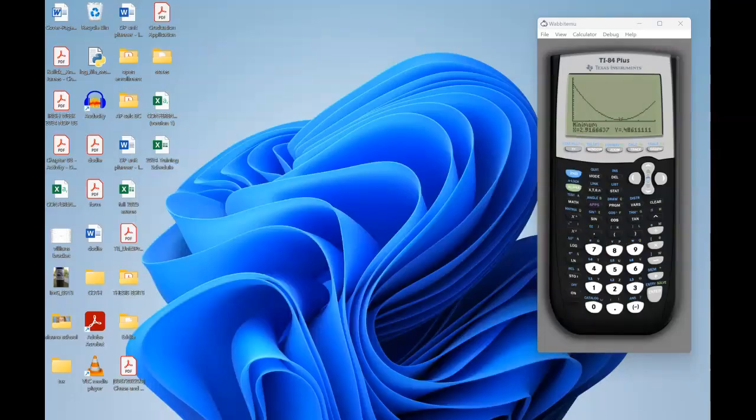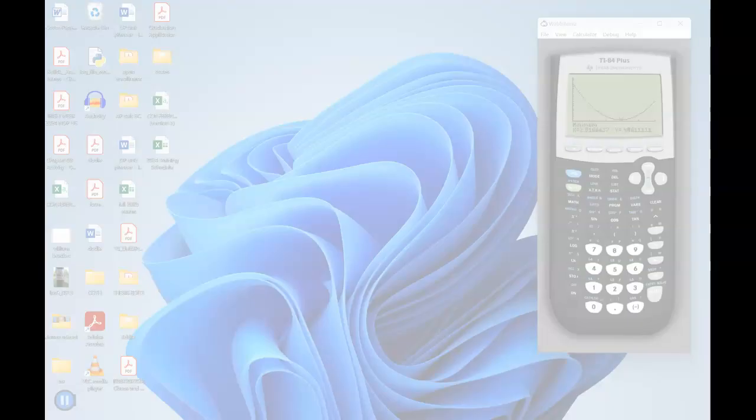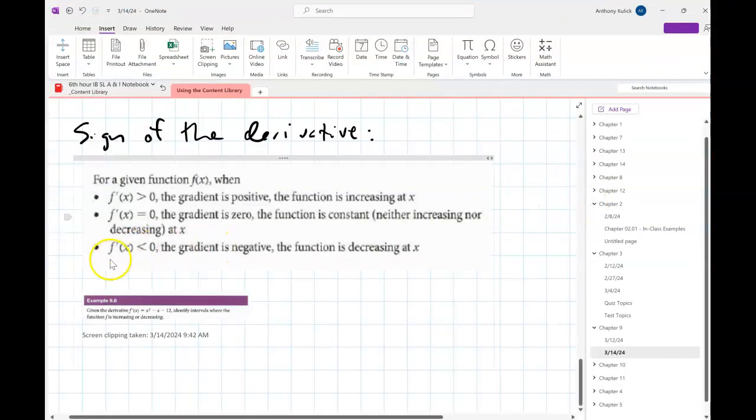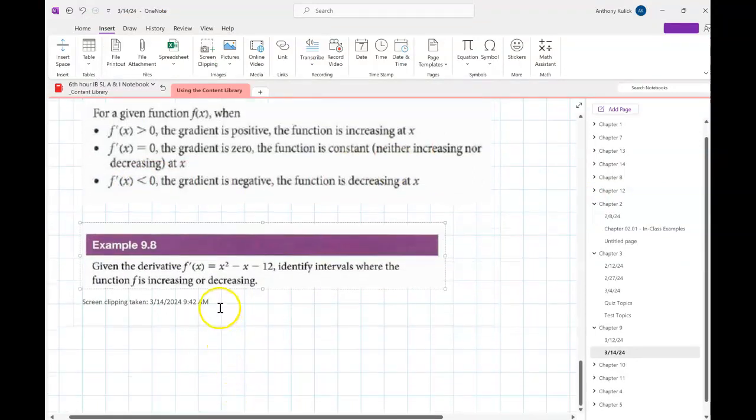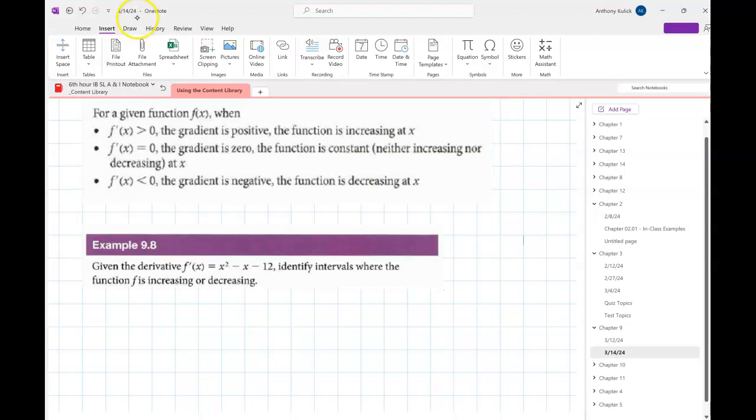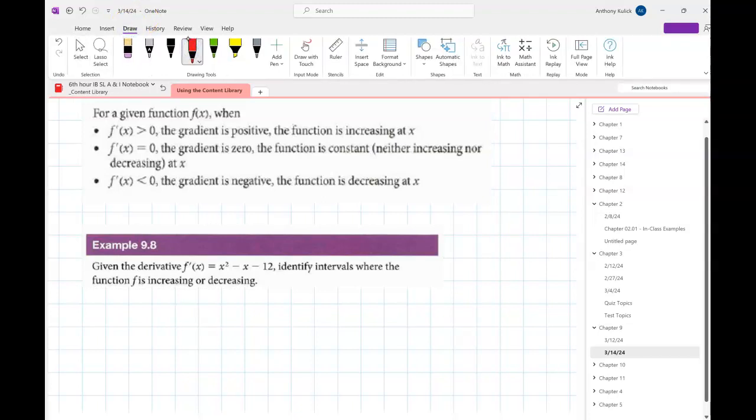So let's say we have the derivative x squared minus x minus 12, and we want to identify where the function is increasing and decreasing.